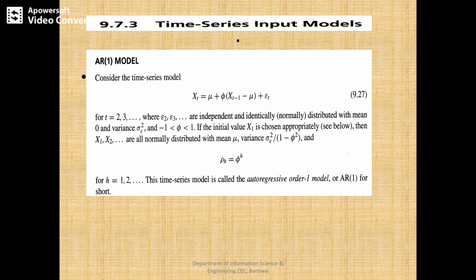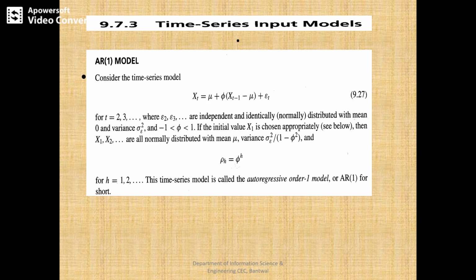So if the initial value of X1 is chosen appropriately, then X1, X2, ... are normally distributed with the mean mu and variance sigma squared divided by 1 minus phi squared, and the autocorrelation rho(h) is equal to phi to the power h, where h starts from 1, 2, and so on.